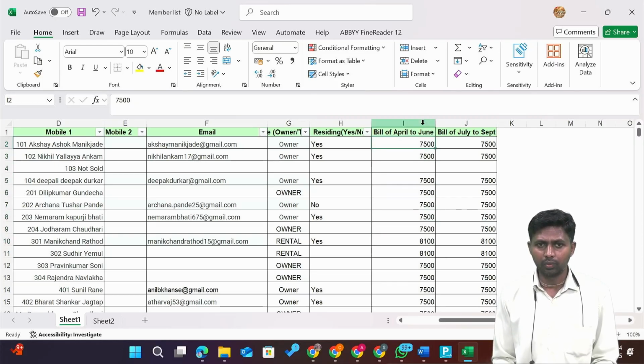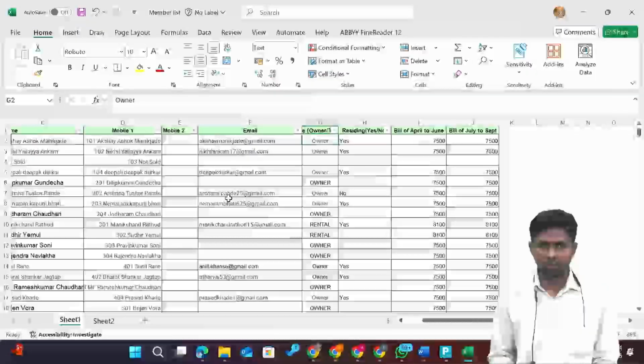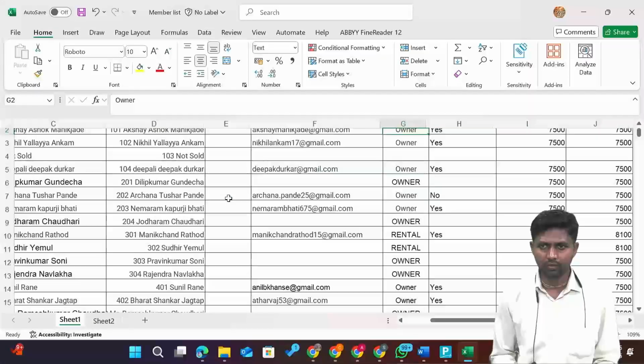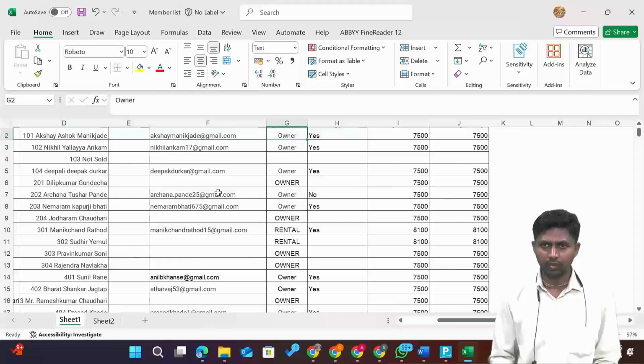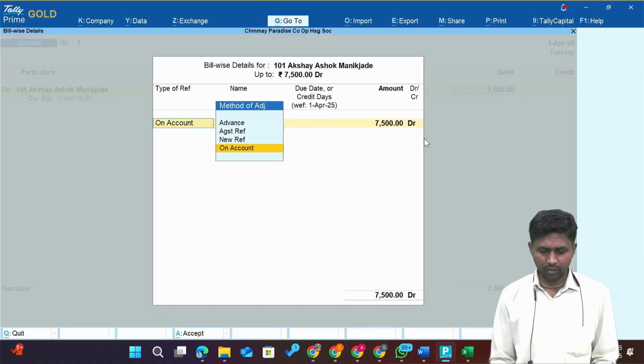Here what we'll do then, flat number 101, 7500, Tally, 7500. Now this is what they are asking: new reference.